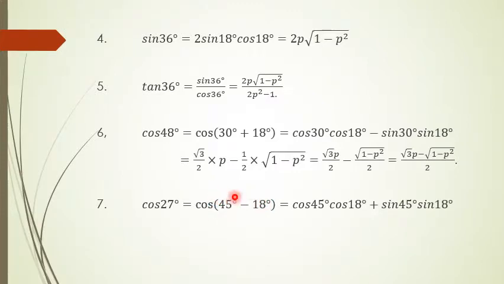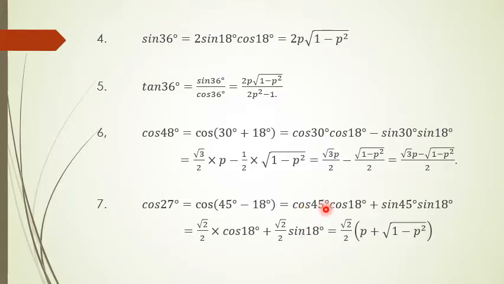So 45 is a special angle, so we will be able to substitute for the trigonometrical ratios of this special angle, and we can substitute for the trig ratios of 18 degrees because we have them in terms of P. So here, applying now the compound angle formula, that will be cos 45 degrees cos 18 degrees plus sine 45 degrees sine 18 degrees.